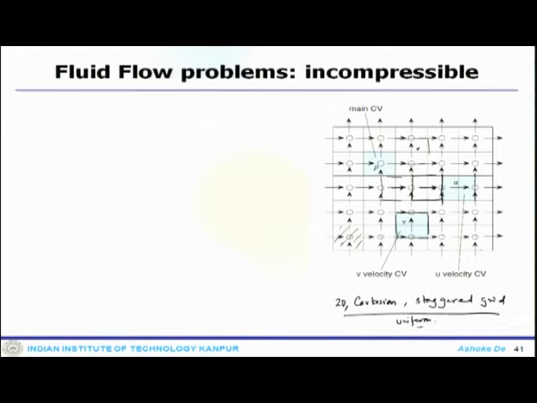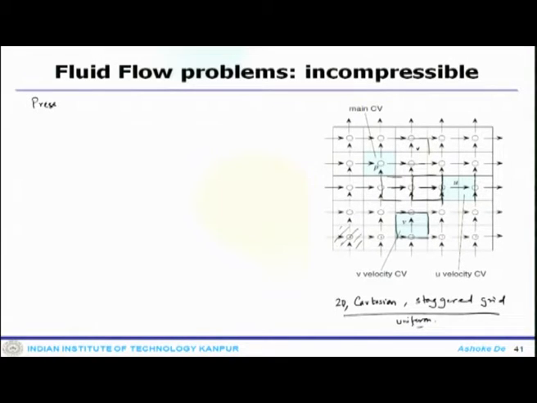So, you get a proper control volume for the u and v momentum equations. Now, the derivations we discussed earlier remain the same. The pressure correction equation that we will obtain will now have a contribution not only from the u component of the velocity, but from the v component also.